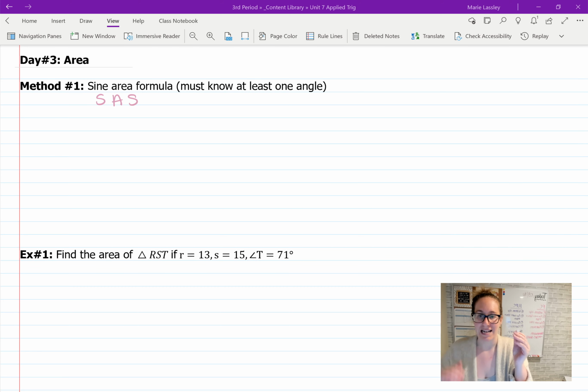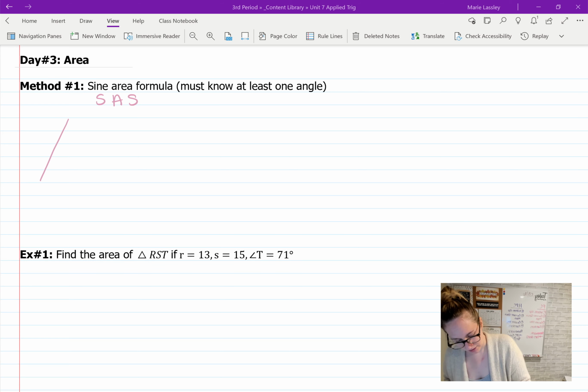So the angle has to be in between the two given sides. If you don't have that, but you do at least have one angle, then you have to find a side next to it. So you might have to use the law of cosines or law of sines to find enough information to plug this in, because that's just how the formula is set up. So it's two sides and an angle. I'll show you what I mean.